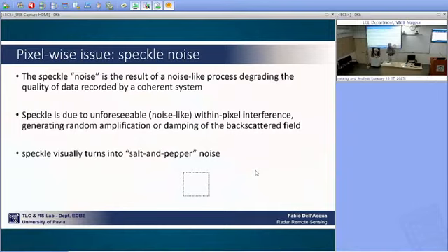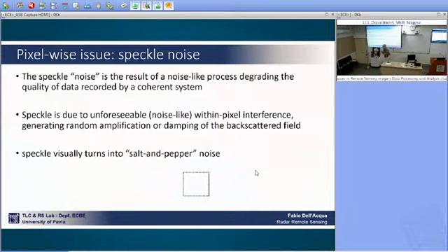What does our own acquisition here and the radar acquisition have in common? The fact that the illumination is coherent. So it's one well-defined wave that we are throwing on the observed object.